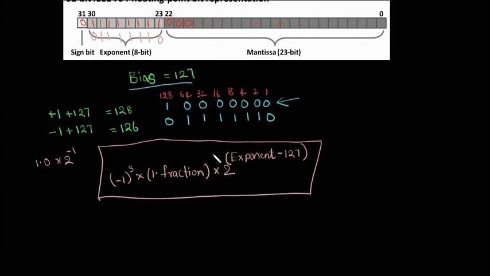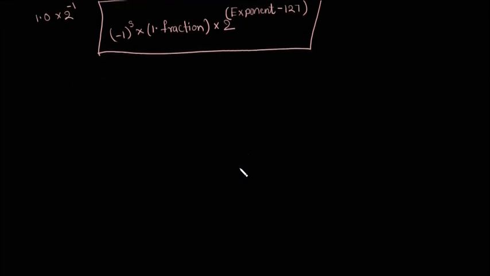Generally, where we make mistakes is calculating this part. We get confused too often. So let us practice more and more on this now. Let us suppose we have 1.1 1 into 2 power 12. Then what is the exponent value? This is the 12 value. What value should we write in the exponent field?